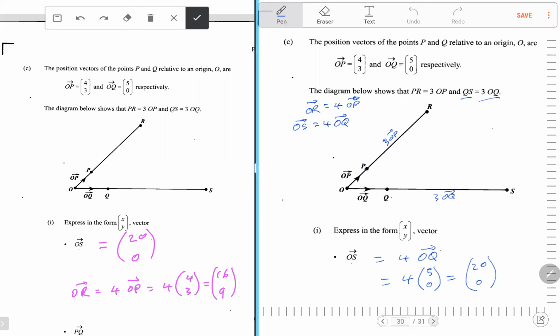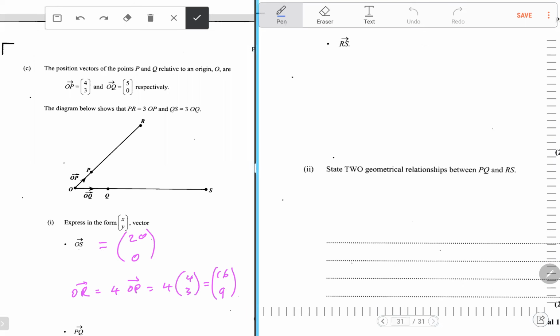So go back to this now. I want RS, and RS is simply equal to OS minus OR. And so the OS is 20, 0 minus the OR is 16, 9. 20 minus 16 is 4.